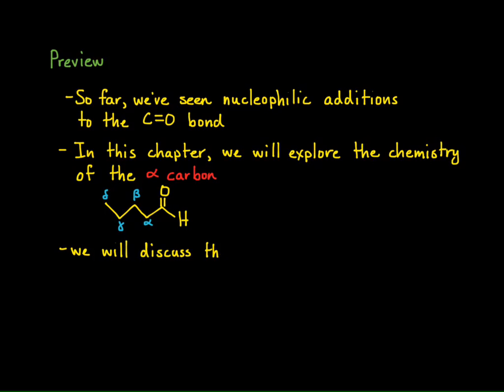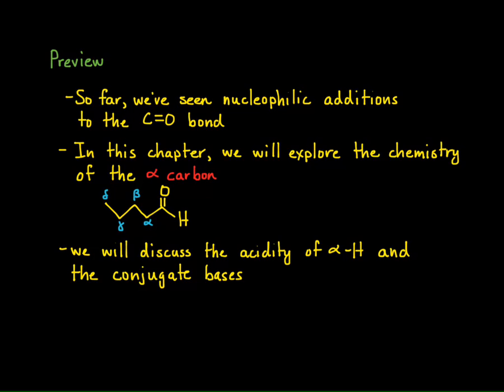And what we're going to see is that the alpha carbon has acidic hydrogens on it. And we're going to discuss the acidity of those hydrogens and the resulting conjugate bases. So if I have a generic ketone in this case, and I have a hydrogen coming off of it, in this particular case, there are two hydrogens, I'm simply showing one of them. I'm going to see that that hydrogen can react with a base. It's acidic enough. It's a Bronsted acid. It can react with a base and undergo a deprotonation.